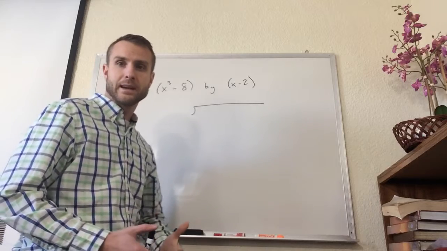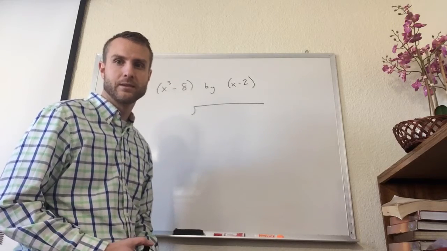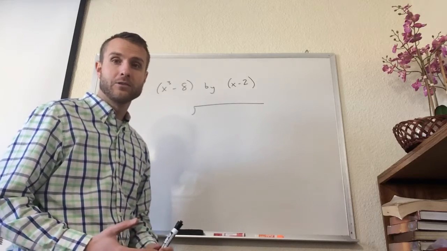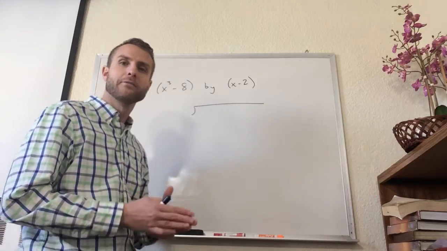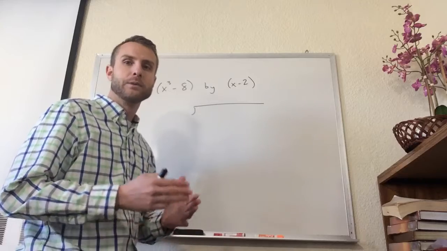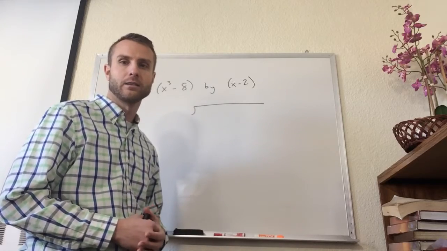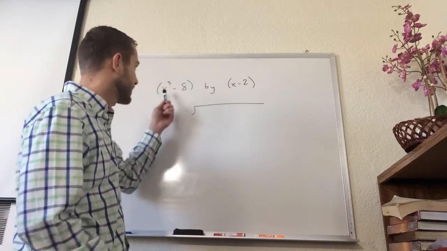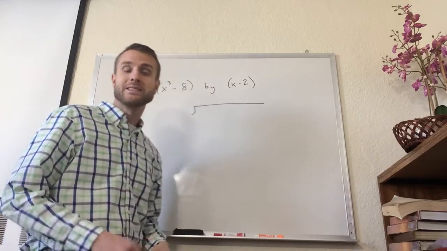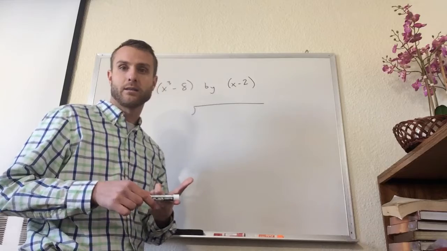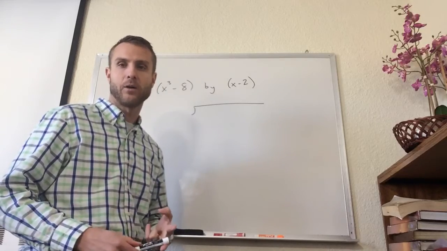Now my second step, we have not used yet in the videos, but we're going to have to use here. My second step is I have to make sure that I have every power between the highest and the lowest powers I have. So I start off here with x cubed, and then I just have 8. That means I'm missing x squared and x to the first power.